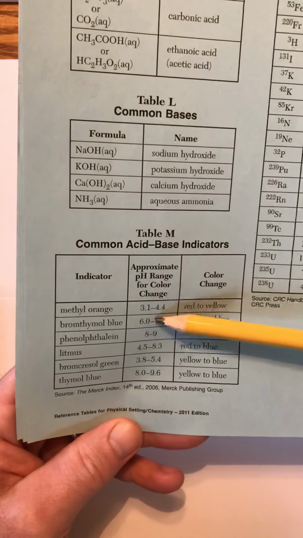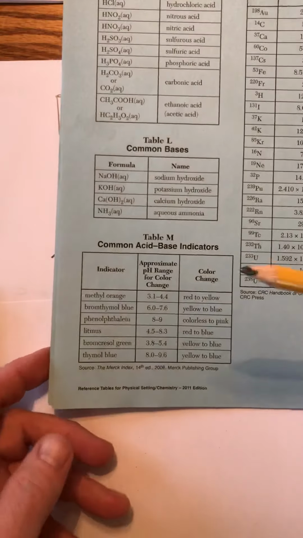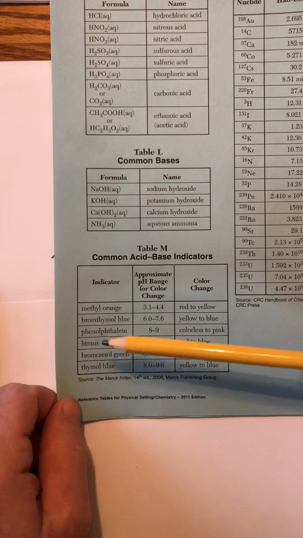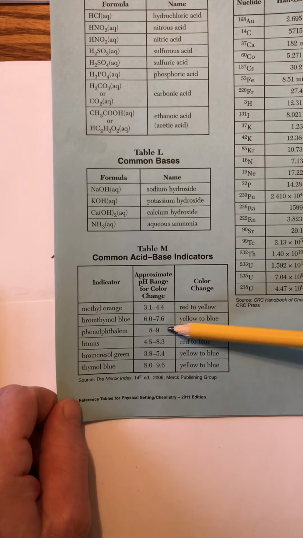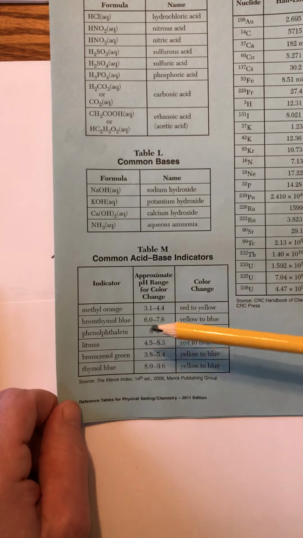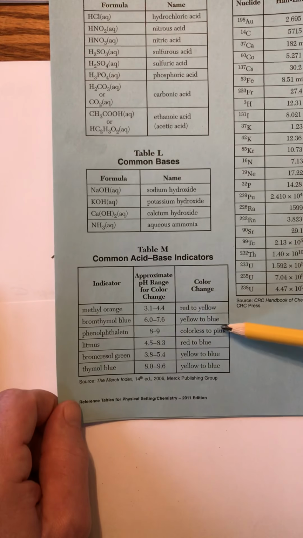They give you six indicators here, but there are thousands of them. Phenolphthalein, interesting spelling, is most commonly used for acid-base titration. Below pH 8, phenolphthalein is colorless, and above pH 9, phenolphthalein turns pink. Somewhere in between 8 and 9, it turns pink.